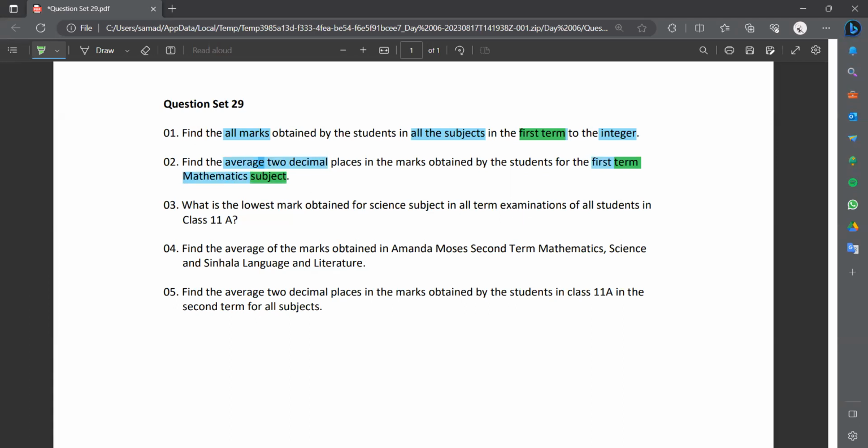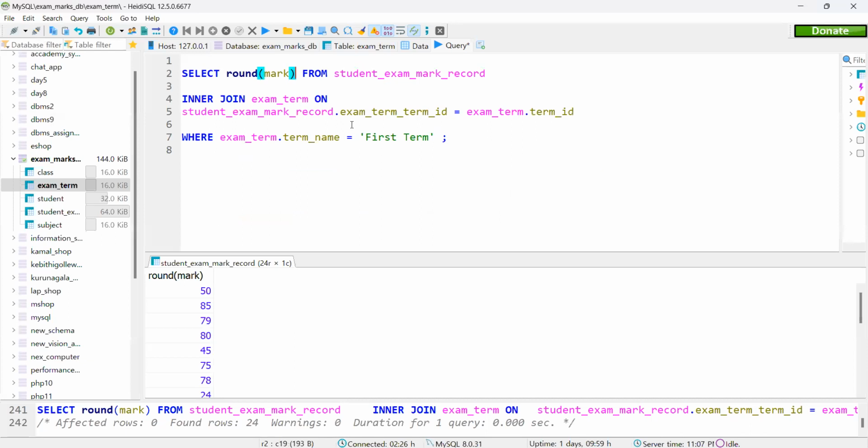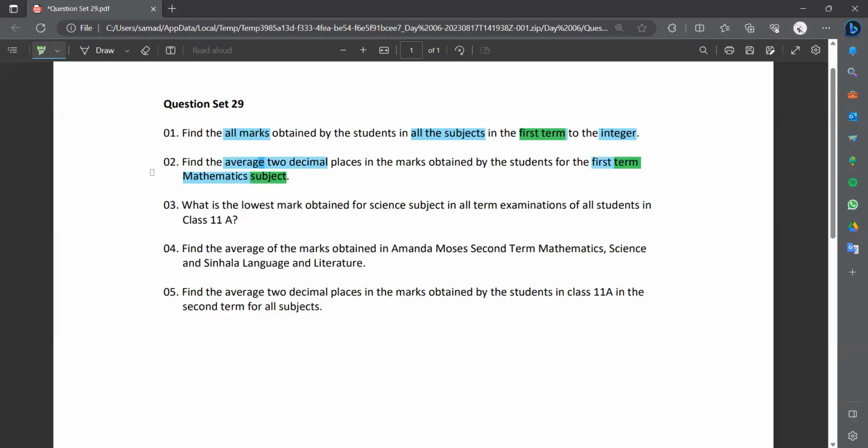Let's see how we got that. Then we round as 2, because they said 2 decimal places and average.